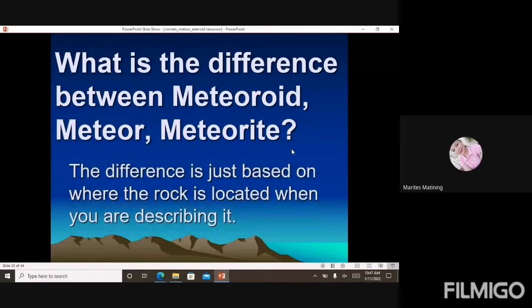So, what's again the difference? Something to do with their location lang when we are describing them. But their composition, yung components nila, kung saan sila gawa, iisa lang yan. Yun yung similarities nila. So, something to do with their location lang kung bakit siya tinawag na meteoroid, meteor, or meteorite.